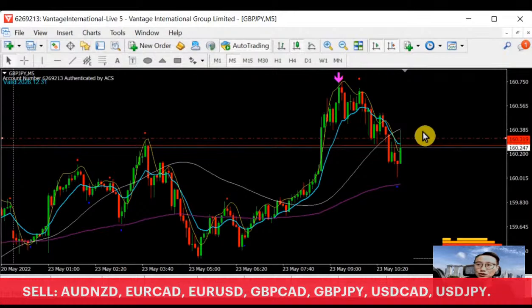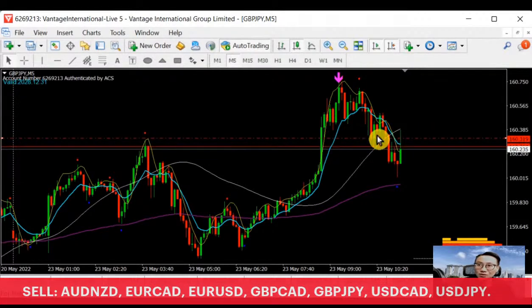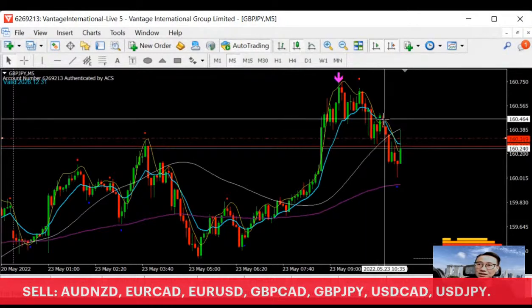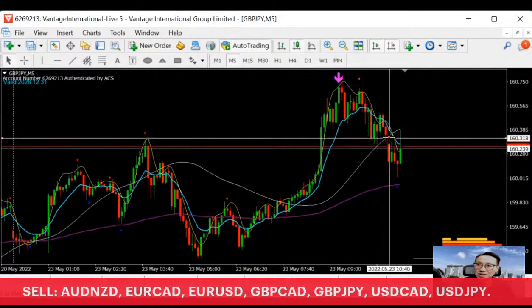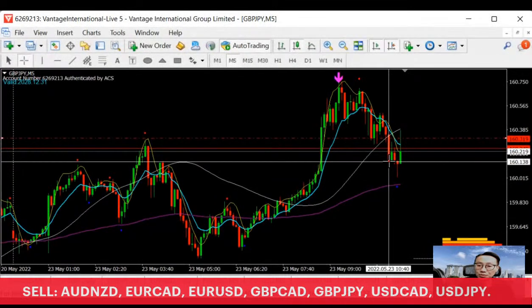This is also a support, but the support has been tested once and it breaks, then now comes a lower support. So the previous high support, the last support here, has become a resistance.